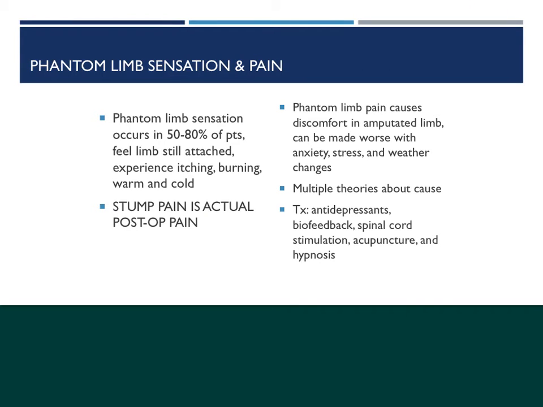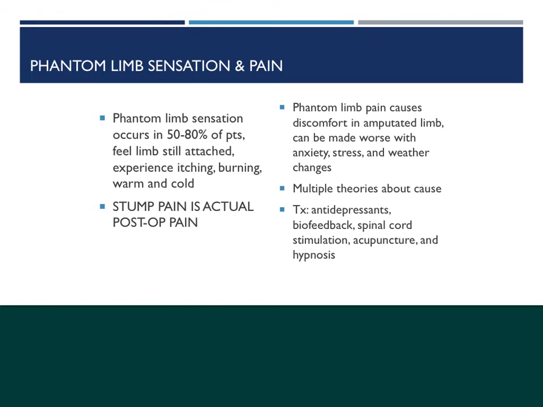Let's talk about the three different types of possible sensations and pain that an amputee could have post-surgery. First, phantom limb sensation. Actually, 50 to 80% of patients feel like the limb is still attached and that it is burning, it's itching, it's warm, it's cold, the foot is up in the air, it's down on the side of the bed.